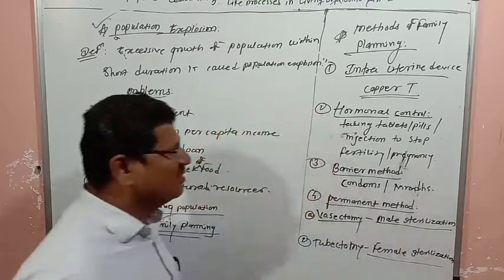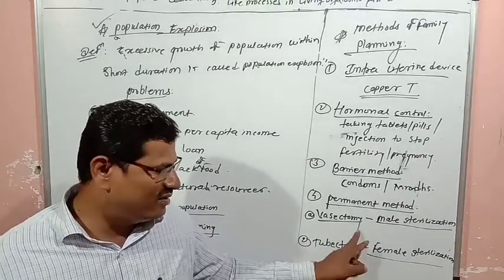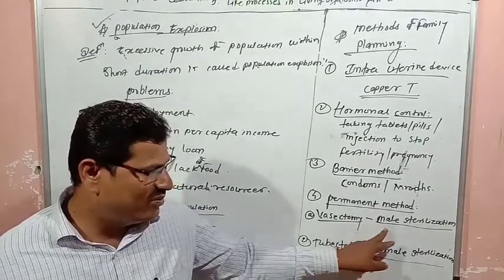So these are the methods of family planning. Surgical operations are done in the case of sterilization.